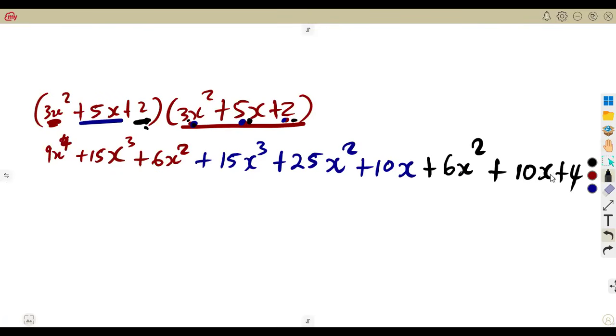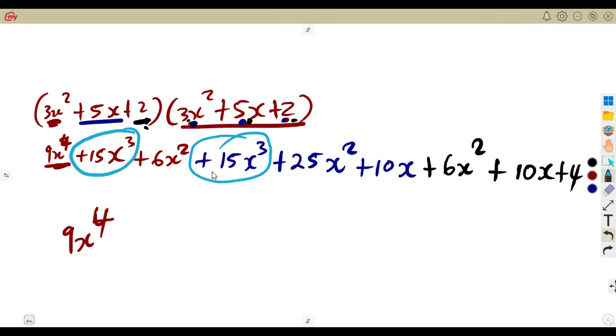So considering the like terms, we can say that the 9x to the exponent of 4 is on its own. But the part of x to the exponent of 3, we have it here, x to the exponent of 3, x to the exponent of 3. So you're going to add 15 plus 15, which is 30x to the exponent of 3. Then I consider this part of x squared. There's 6x squared here, 25x squared, 6x squared.